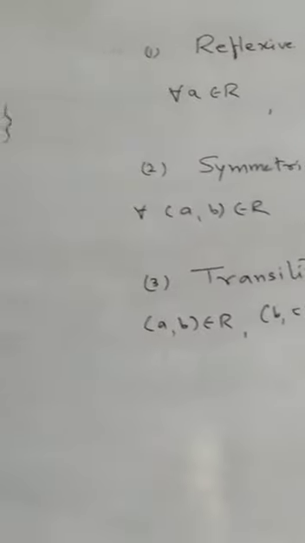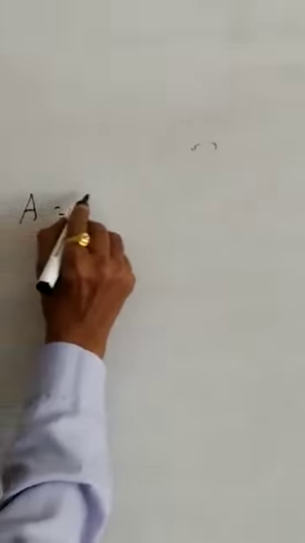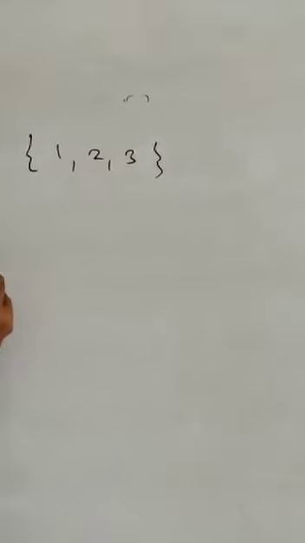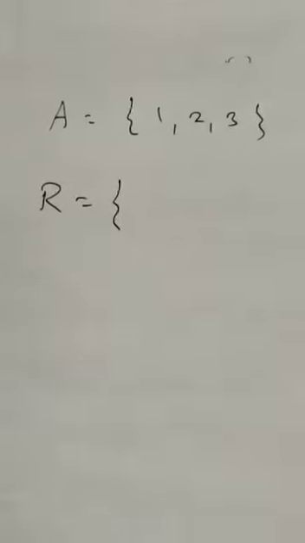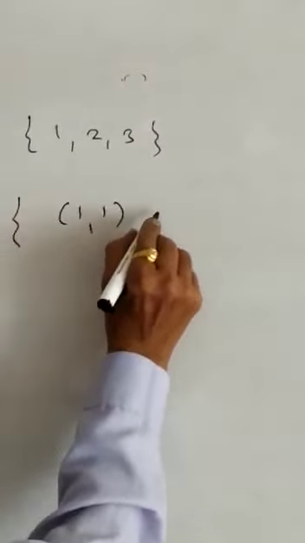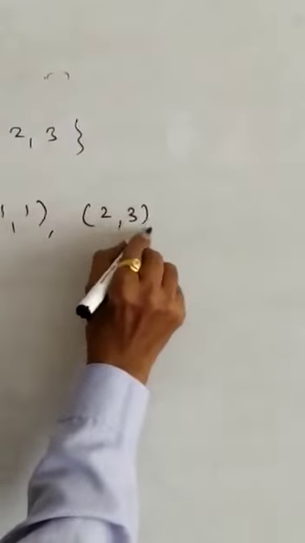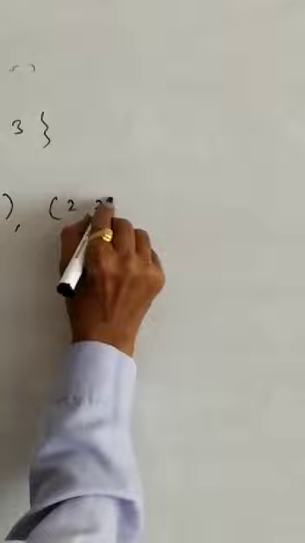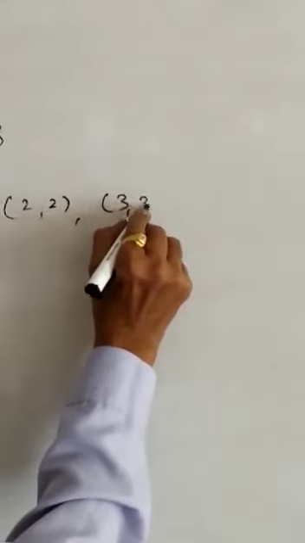As per example, for the set A equal to {1, 2, 3}, R is a relation: (1, 1), (2, 2), (3, 3).